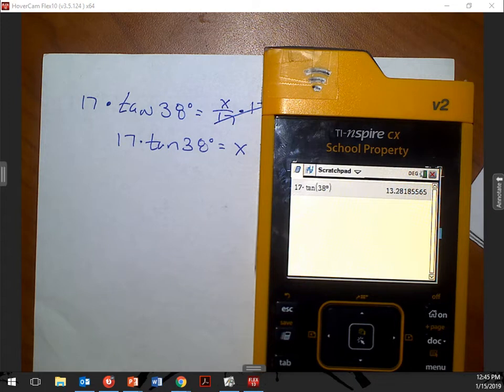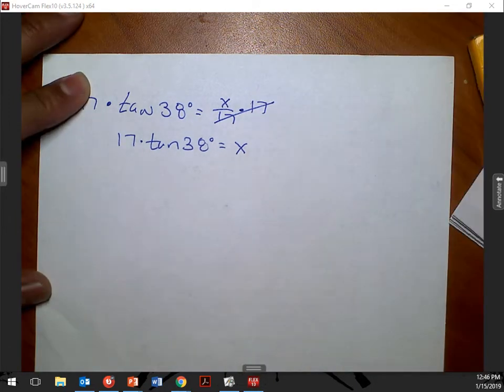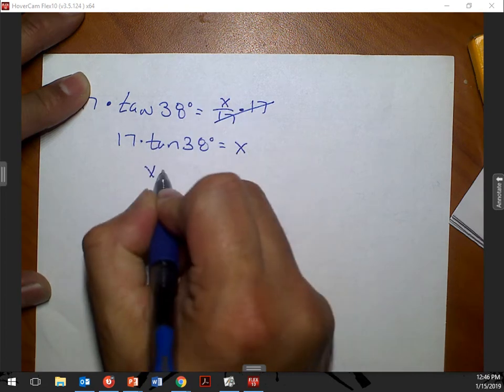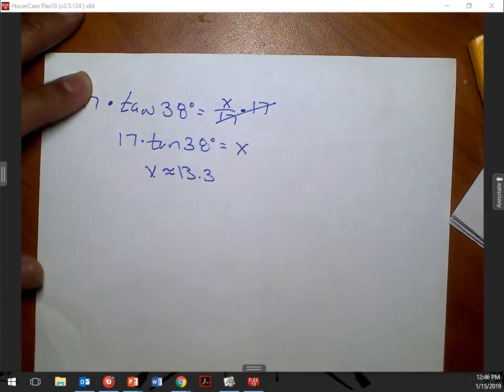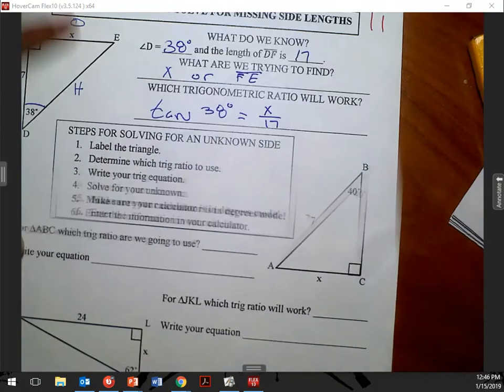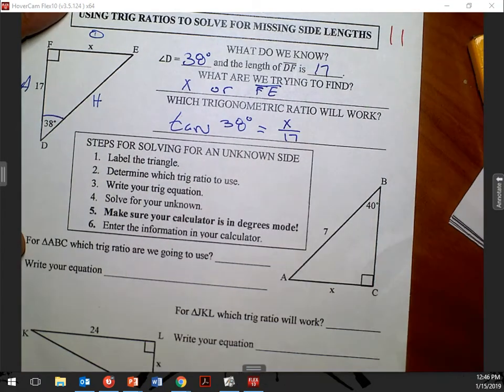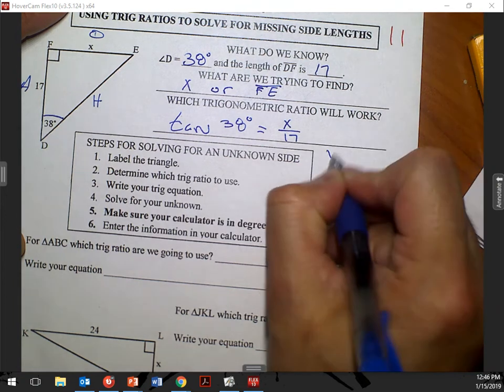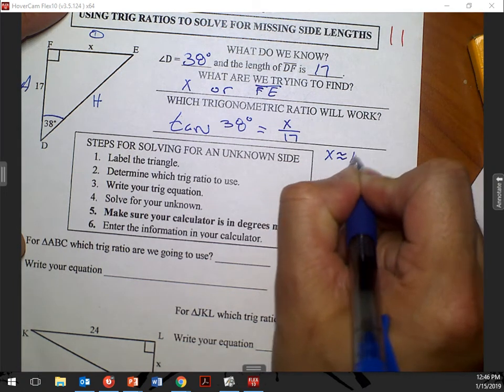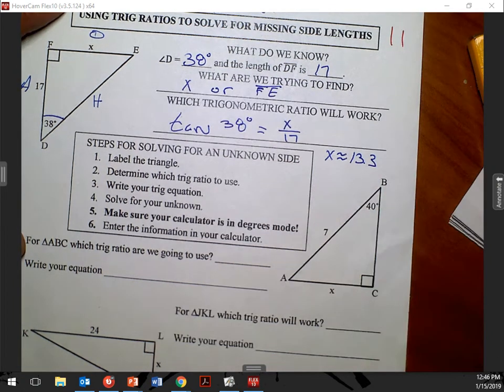Okay. All right, so now we got 13.3 is going to be my answer. So x is about 13.3. Okay.